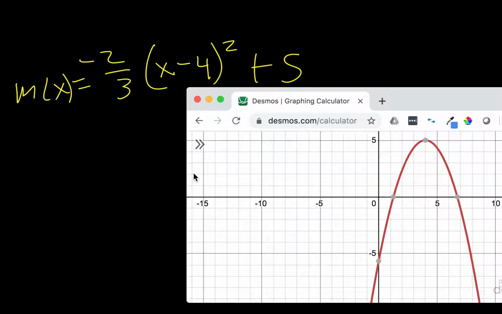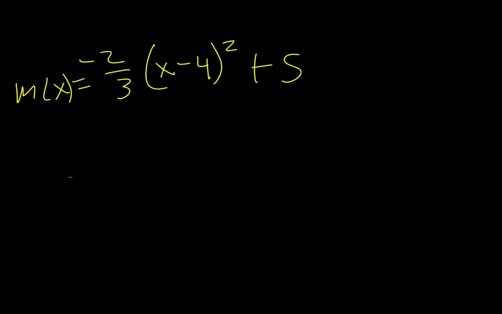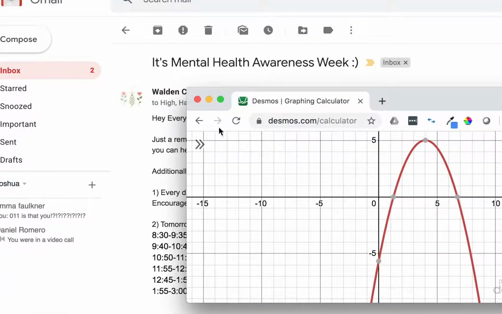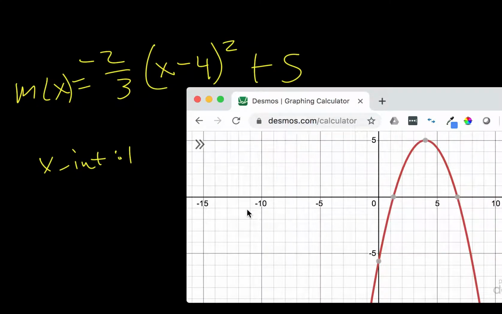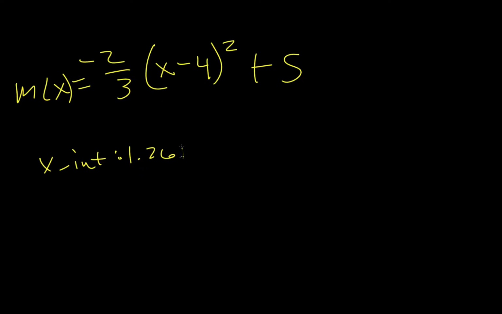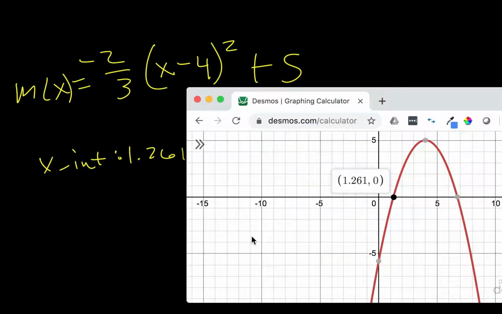So the first x-intercept is 1.261. We have another one at 6.739.